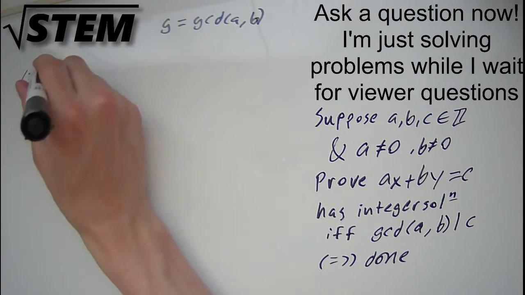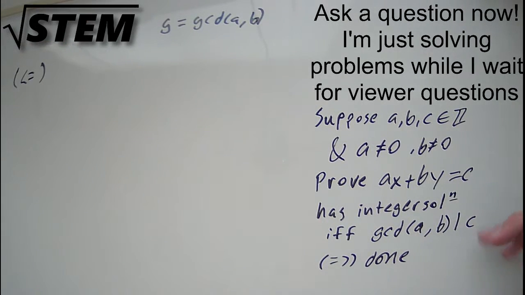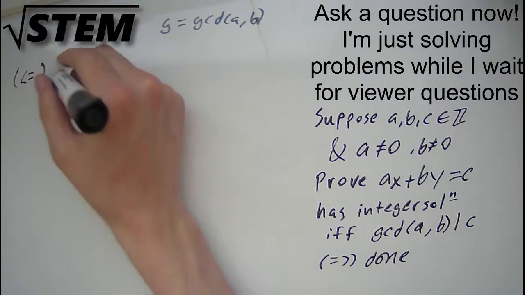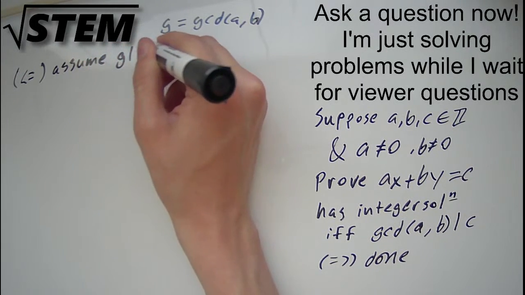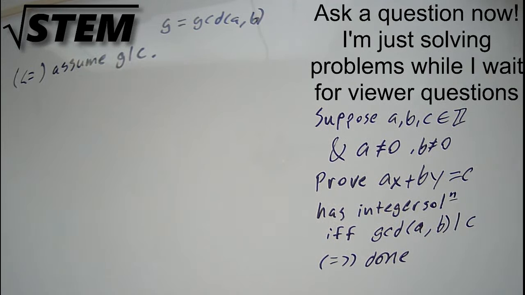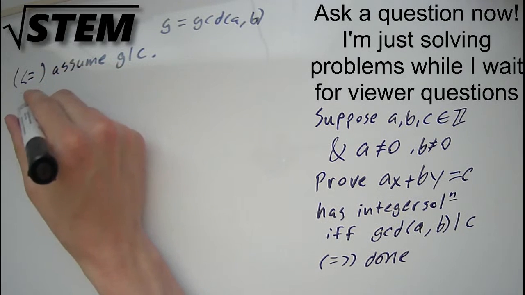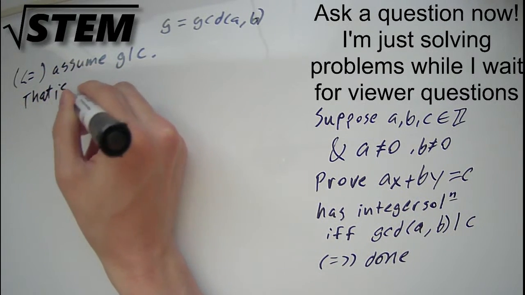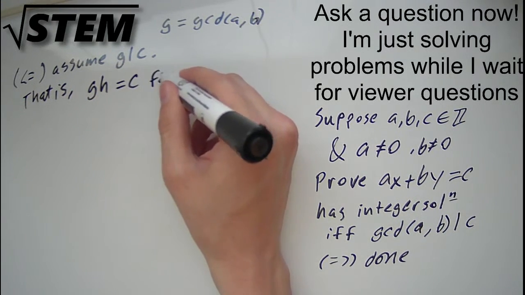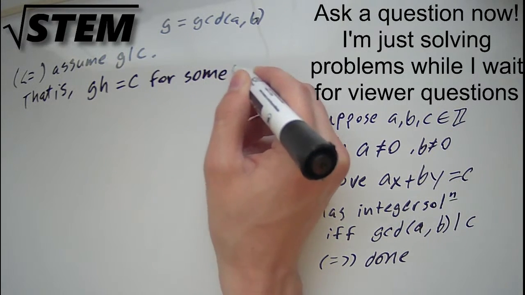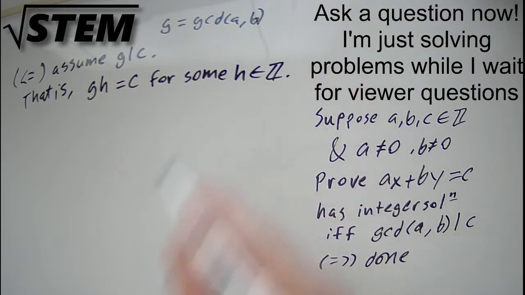So we're going to assume that G divides C, and then we'll show that this has integer solutions for X and Y. So that is G times, I'm going to use H, is equal to C for some H in Z, for some integer H.